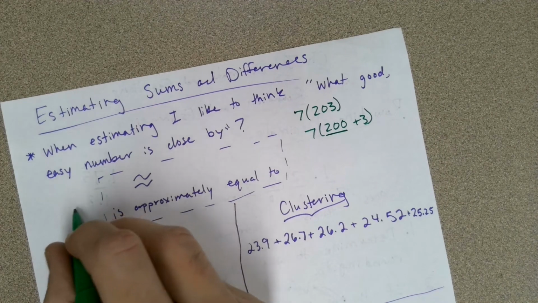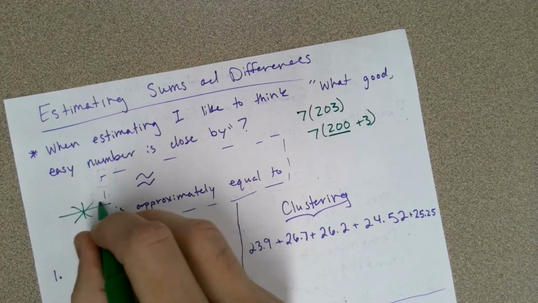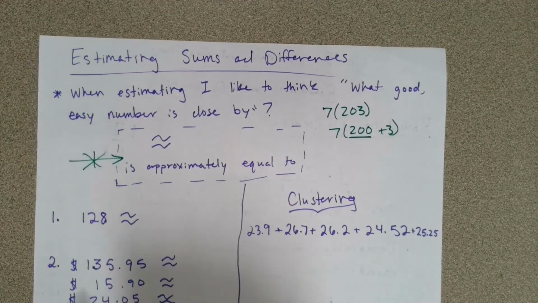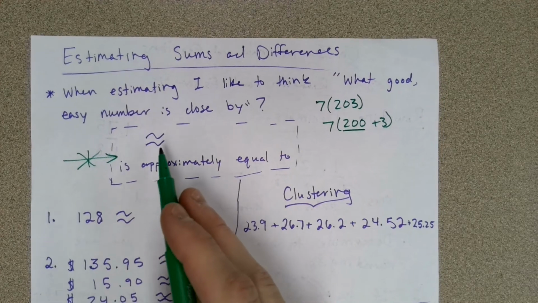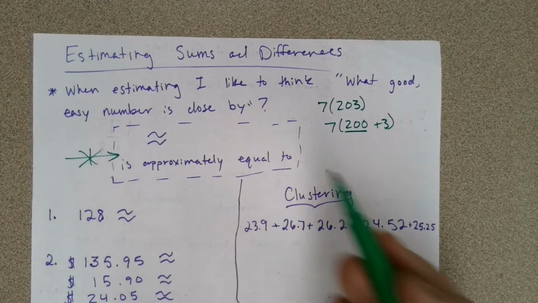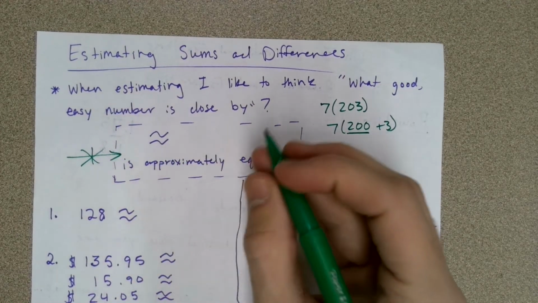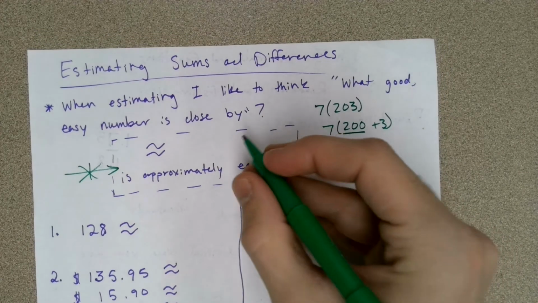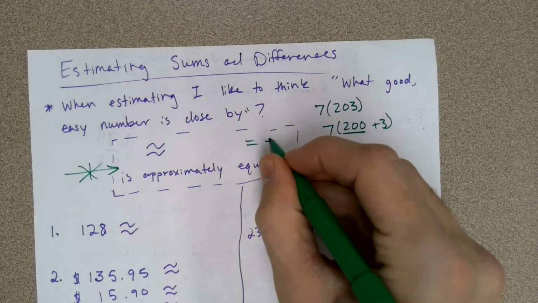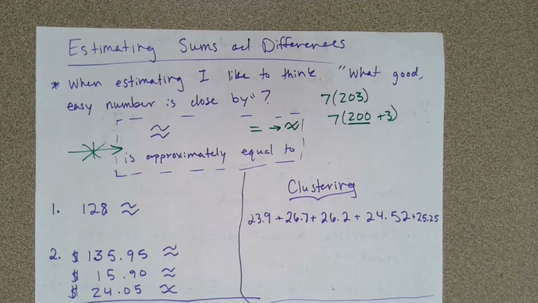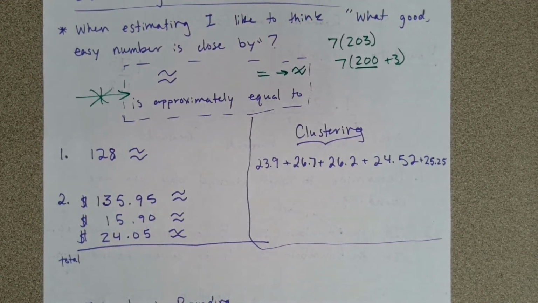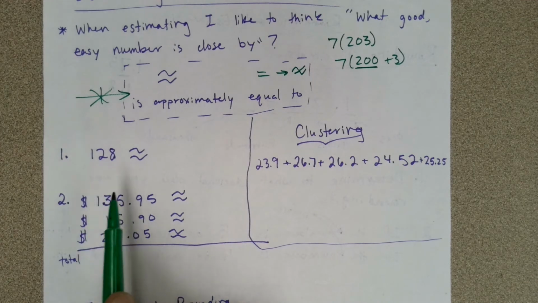Right here I have one little definition for you. Not really a definition, more of a symbol. This is our symbol for approximately, or is approximately equal to. Basically an equal sign, and then they just gave it some squiggles. That is approximately equal to. So looking at our first one right here, we have 128 is approximately equal to.